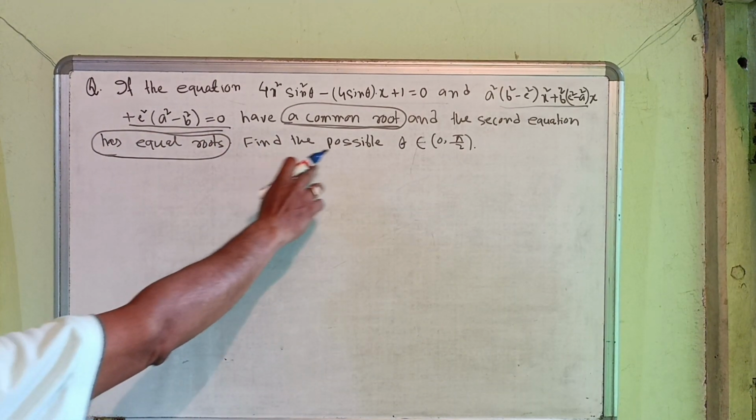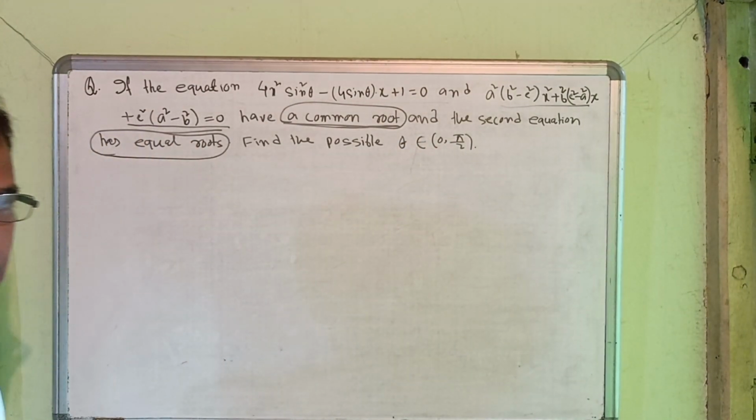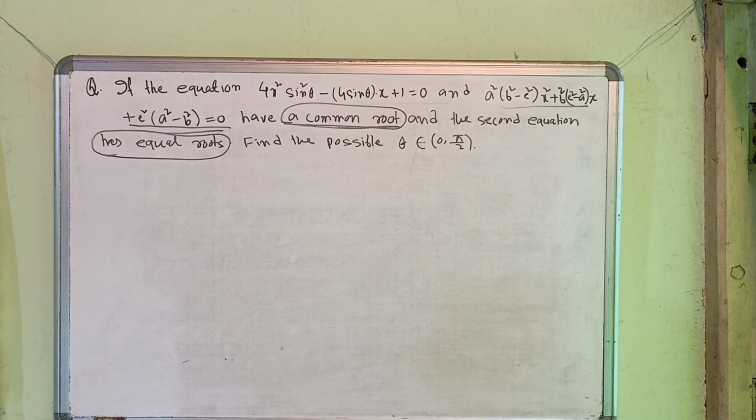Find the possible value of theta where theta belongs to 0 to pi by 2, that means between 0 and 90 degree.